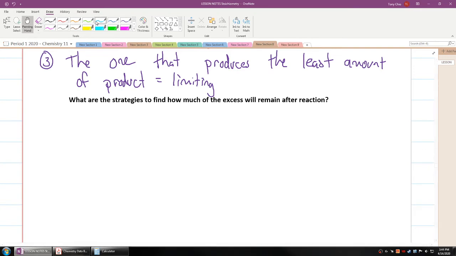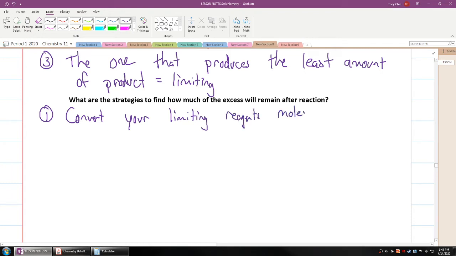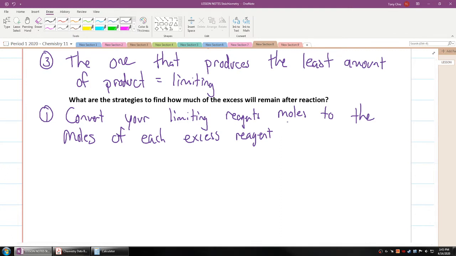Well, we're going to take step 1: convert your limiting reagent's moles to the moles of each excess reagent. So you take your limiting reagent's moles, whatever that is, and convert it to the moles of each excess reagent you have.